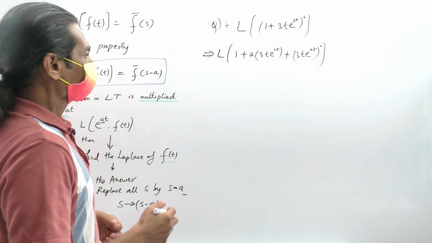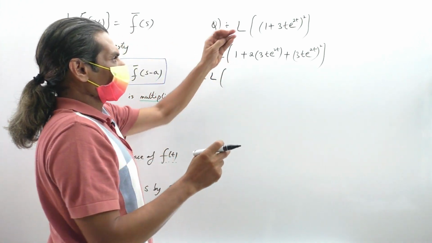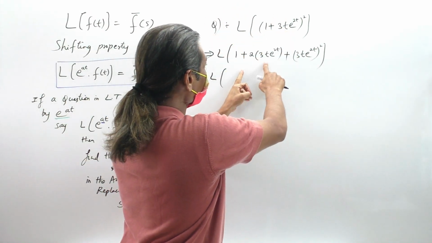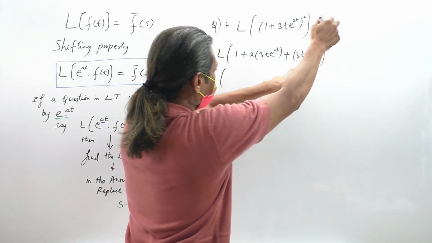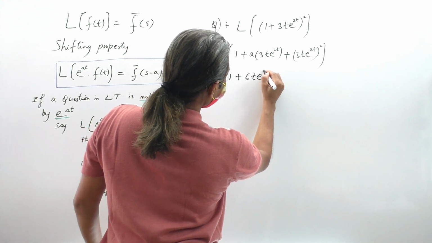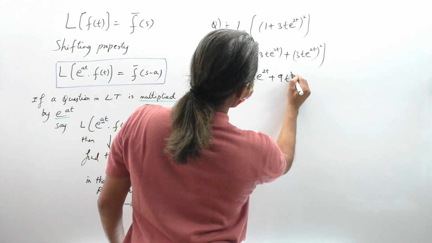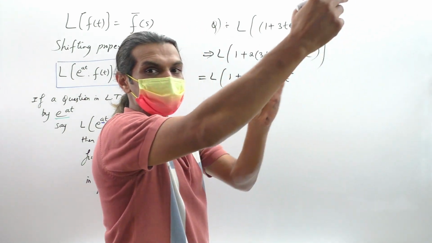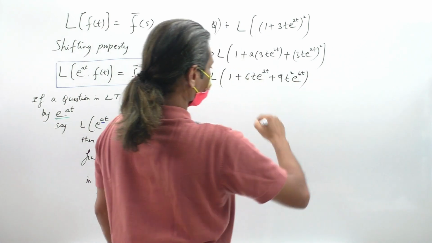Fine. So this will be now Laplace of, we applied a square here, remove the square, a square plus 2ab, 2 into 1 into 3t is 2t plus b square. So this will be 1 plus 2 into 3 is 6t e raised to 2t plus 3 square is 9t square into, we are squaring it, e raised to 2t raised to 2, 2 into 2 it multiplies, so e raised to 4t, right?